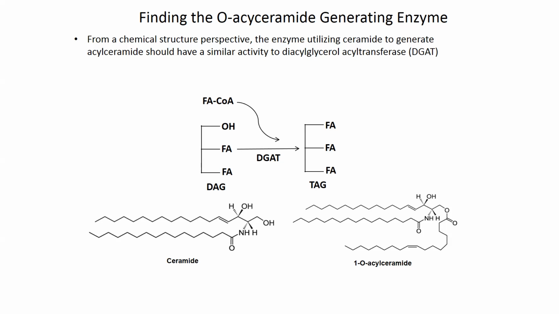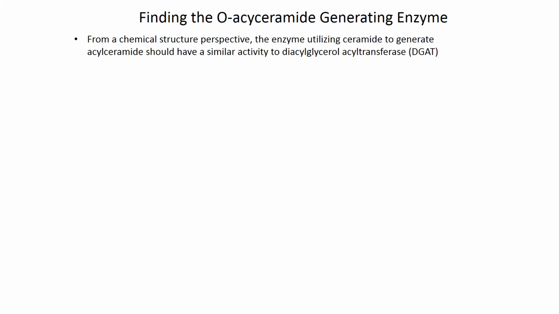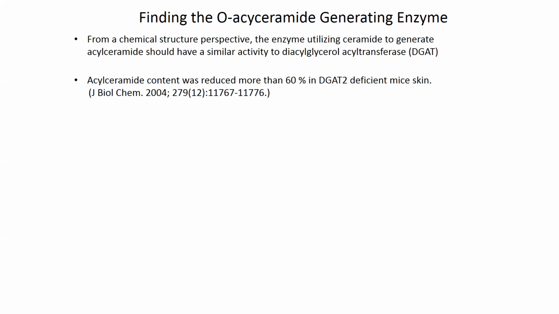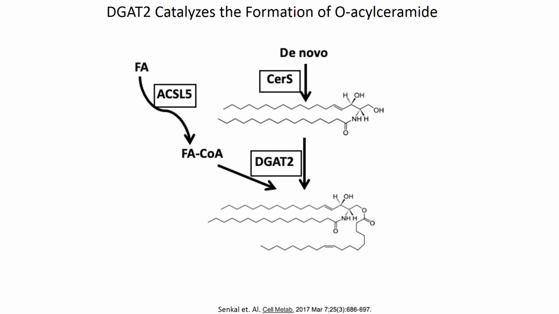So we showed it's actually making acyl ceramide, which is really interesting and different than anyone knew about the function of this protein. And then we wondered, why is it making this, and how is that happening? And so what we looked is that acyl ceramide, when it was reduced by 60%, oops, I'm sorry, this went fast.